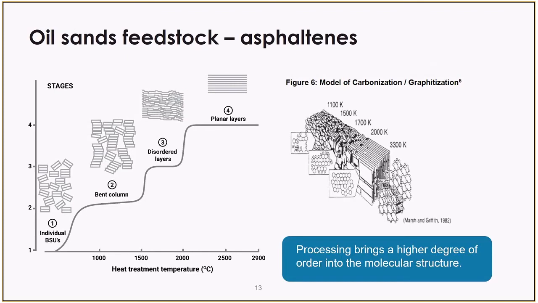So on this slide here, and I'd encourage people to look at the phase 2 report, this is really a snapshot of what we're talking about. On the left-hand side and on the right-hand side, we're going through a process where we've got a disorganized compound at the base units, and going through various different heat chemical processes here. We want to get to what we call planar layers.